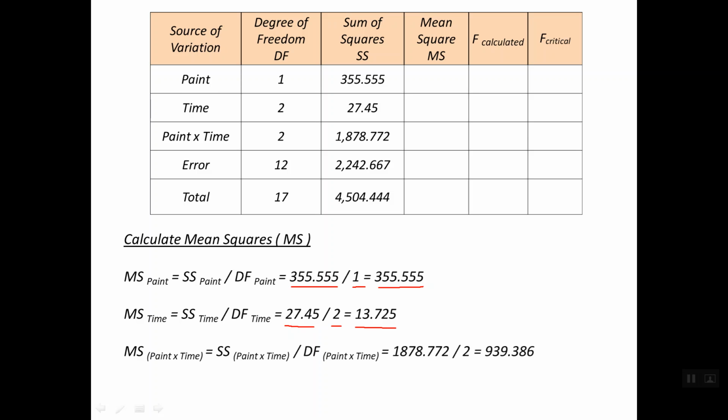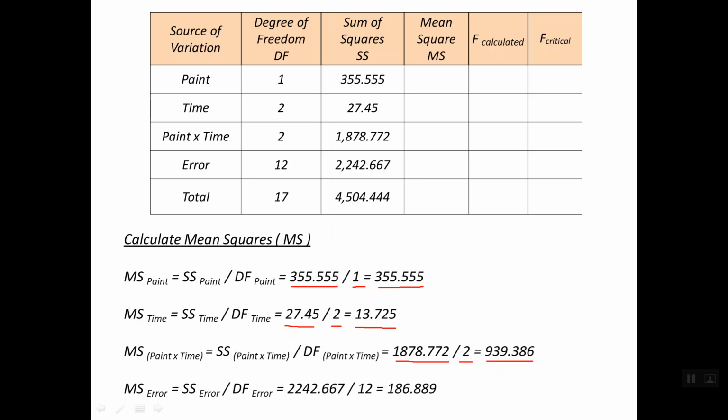Regarding the interaction, this is the value of the SS for the interaction, and this is the value of the degrees of freedom. So this is the value of the MS for the interaction.